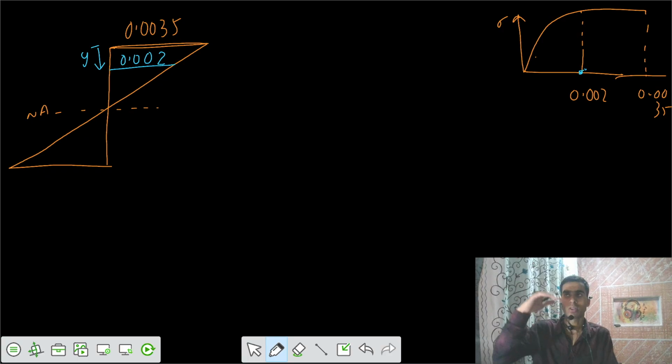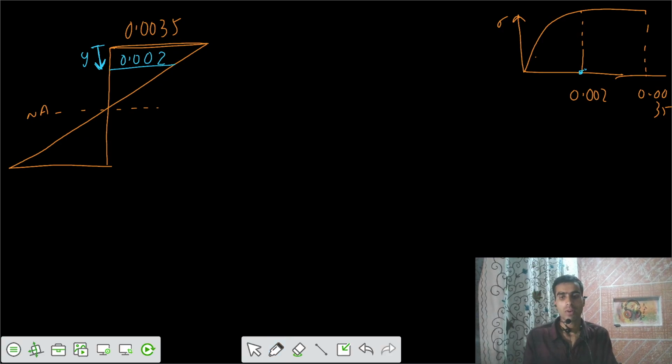If on the top there is 0.0035 and on the neutral axis there is 0, then somewhere along the section there is a fiber where the strain is 0.002. Let's say that location is at a distance of y from the top.